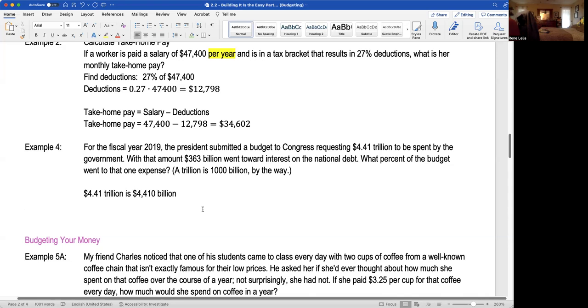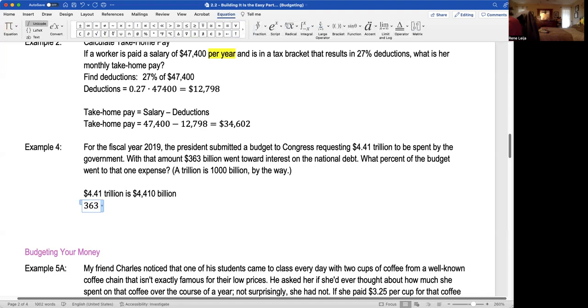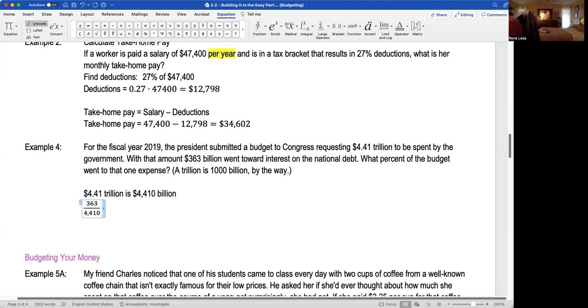So 363 billion went towards the interest on the national debt. Okay, so now we're going to find what the percentage is. So that's going to be the 363 billion divided by 4,410. And I know this is going to be an approximation, so we're going to number crunch this.